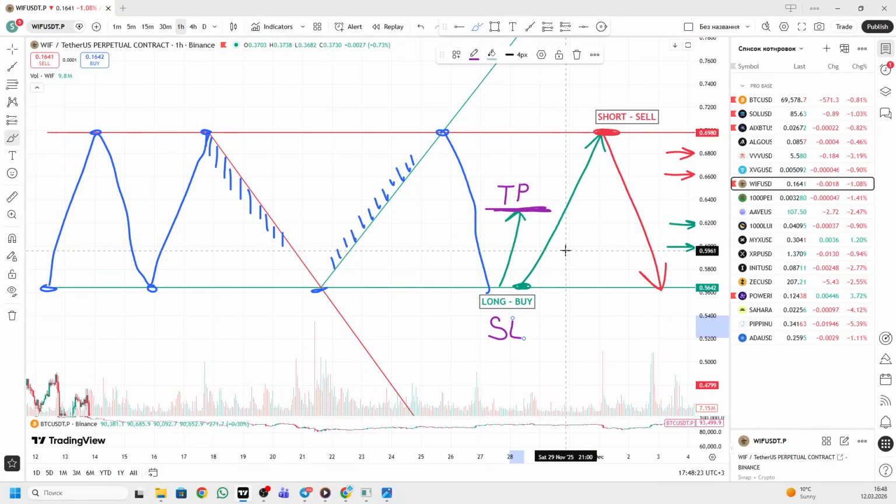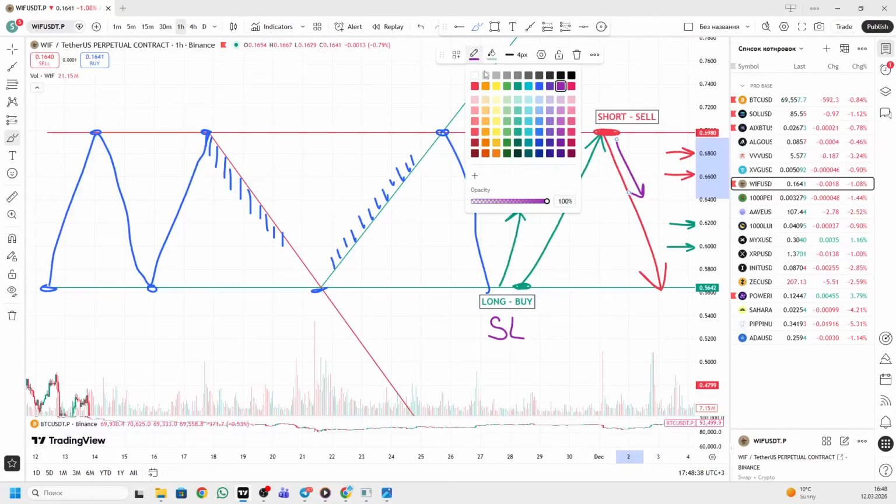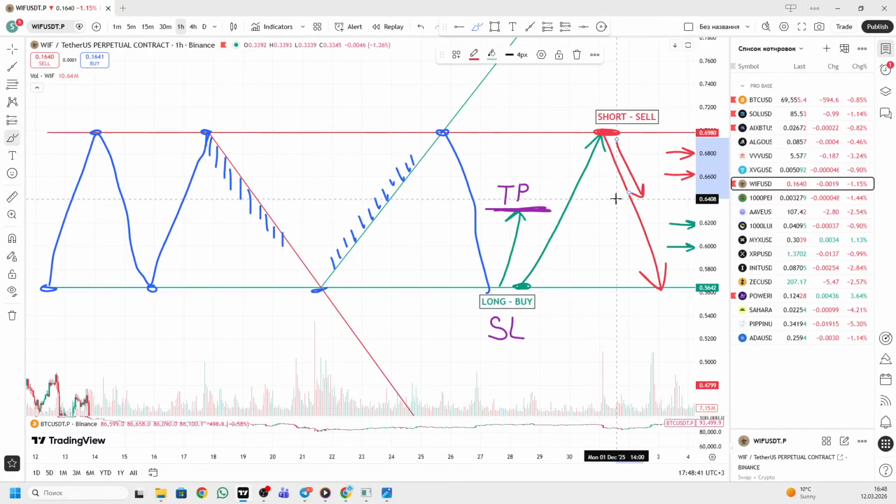I think this is clear. That's easy. Okay, what about short position? When it goes down, you put your take profit as we said here, you remember, you take your take profit right here.